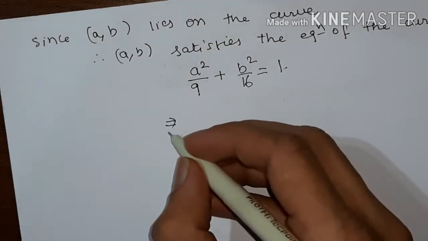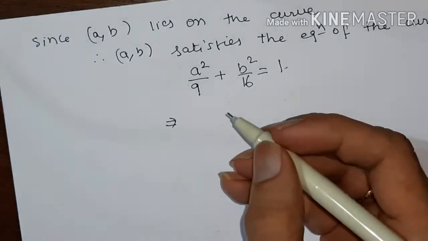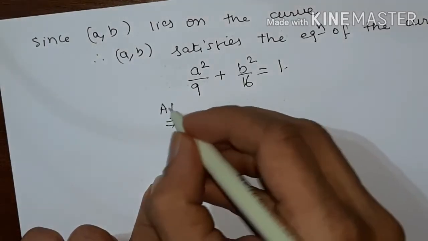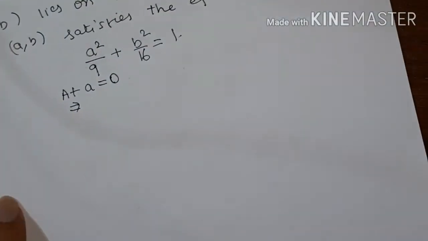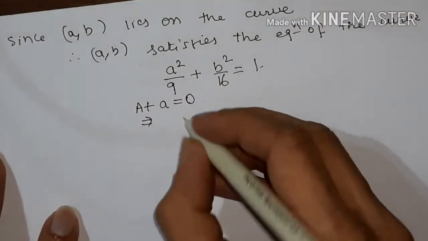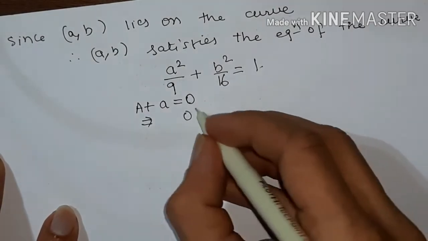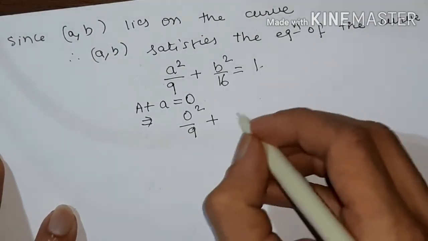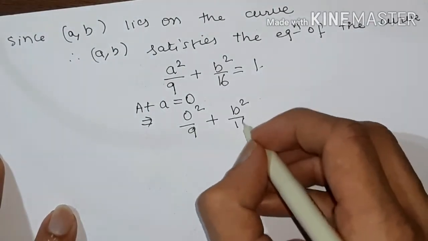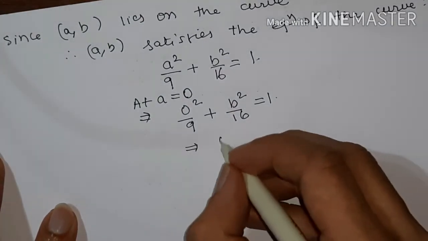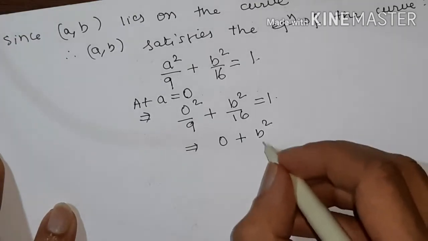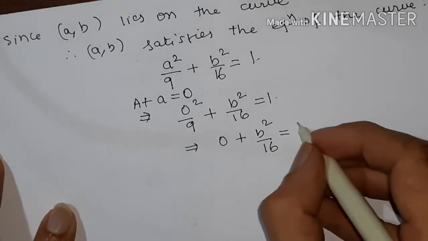So that means what? See, at a equal to 0, what do you get? We got a equal to 0, right, just now. So at a equal to 0, you get 0 square divided by 9 plus b square divided by 16 is equal to 1. So that means 0 plus b square divided by 16 is equal to 1.